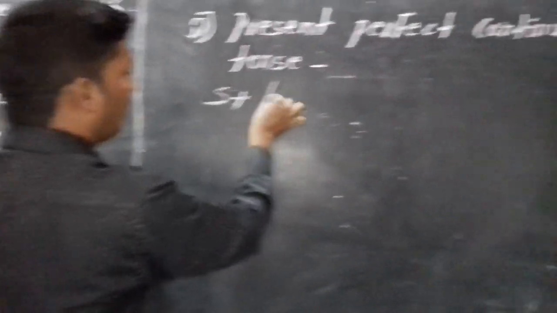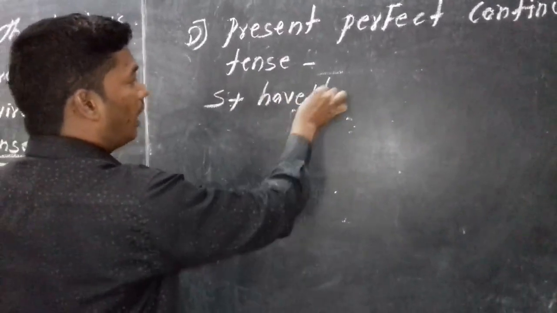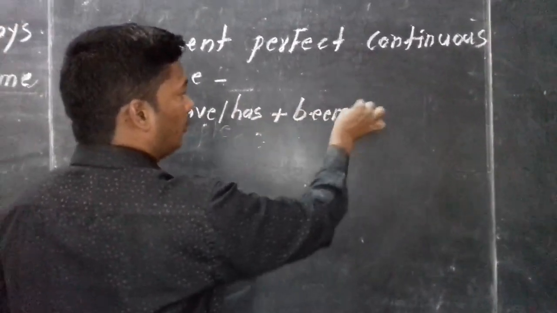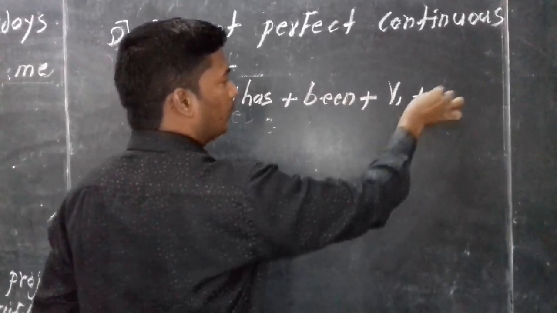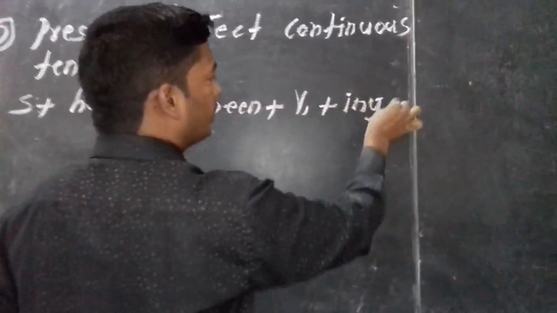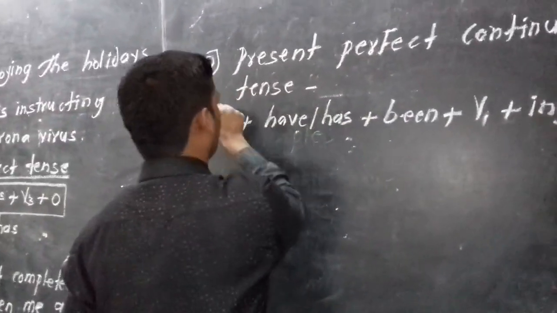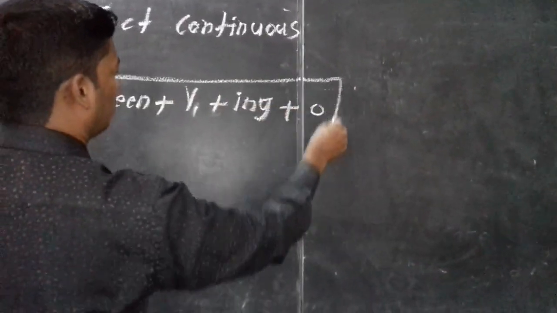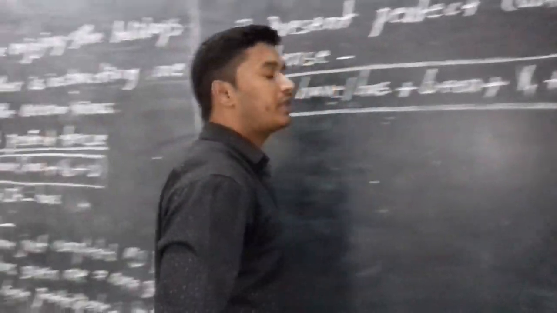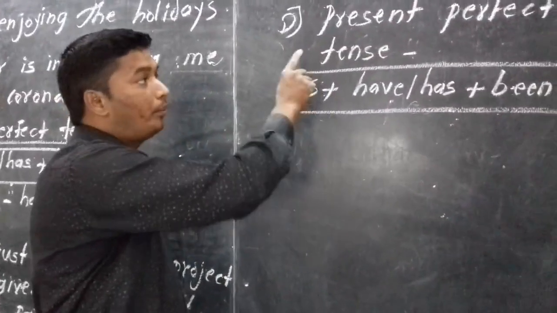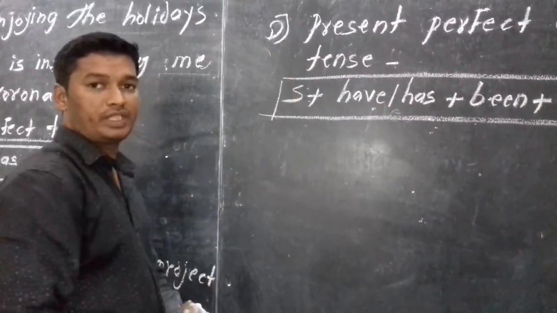S plus have or has plus been plus V1 plus ing plus O. It is the structure of present perfect continuous tense.